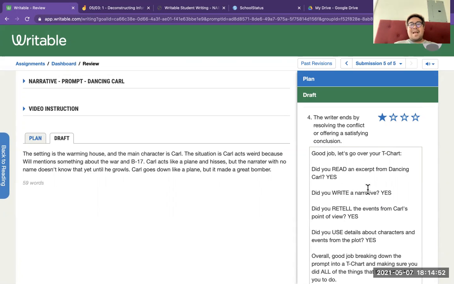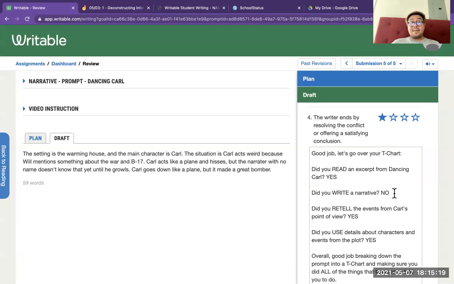Did they write a narrative? Here I will say no. So that will be an X on the T-chart. They didn't write a narrative. They didn't write a story. They wrote something that summarized the story, or in other words, told what happened in the story.